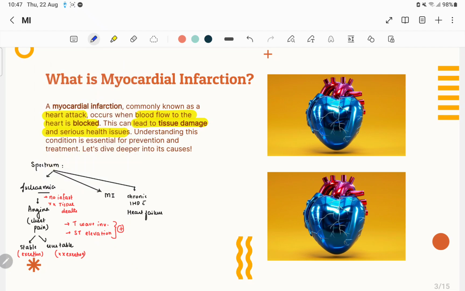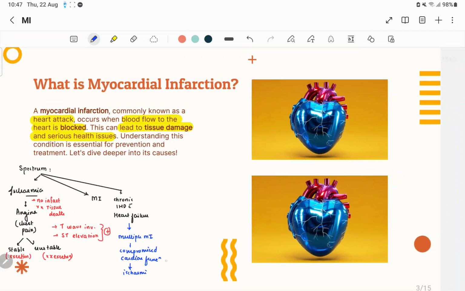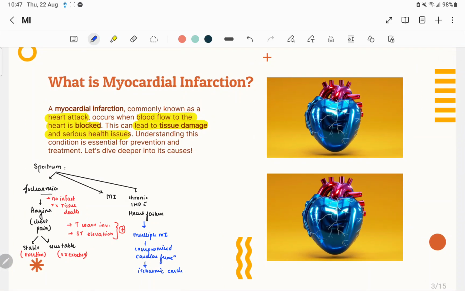Basically, we have multiple atheromatous plaques, due to multiple MIs, and this will cause compromised cardiac functions, and this will cause ischemic cardiomyopathy. And this ischemic cardiomyopathy will lead to heart failure.